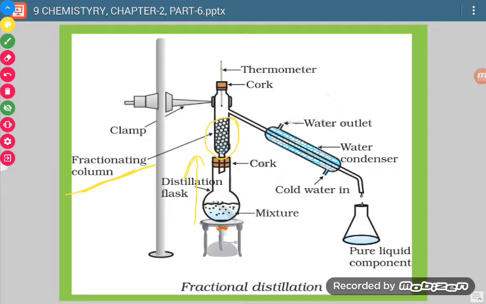But the other component, which has the lower boiling point and has converted into vapors, will remain in the vapor state only and will pass through this, and here they will condense, and here we will collect the component. So what is the use of this fractionating column? It allows the condensation of those molecules which have come into the vapor state and have a higher boiling point.